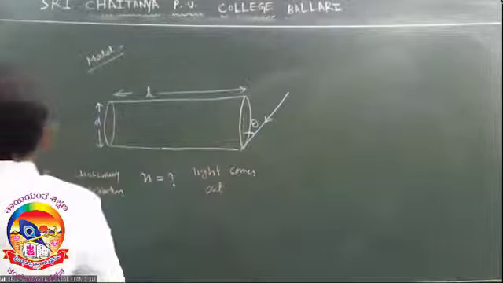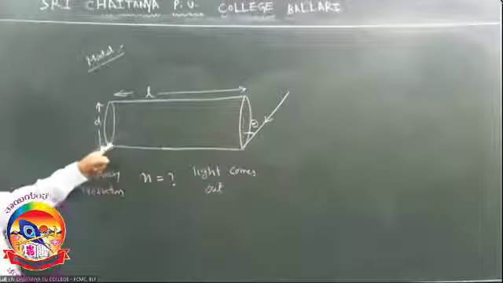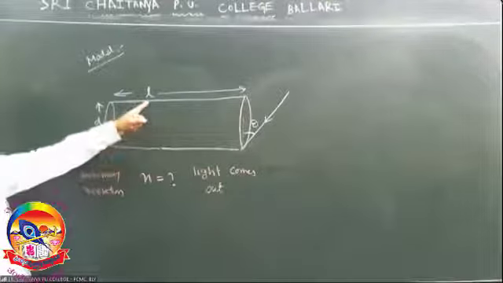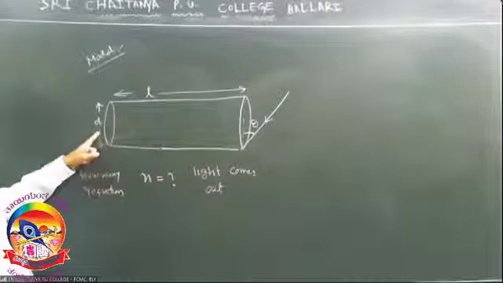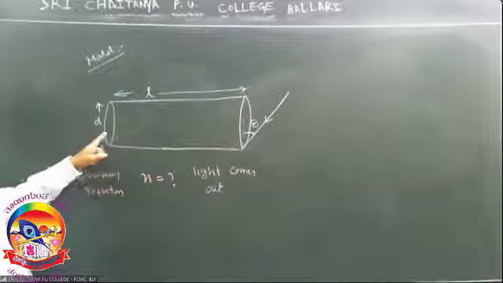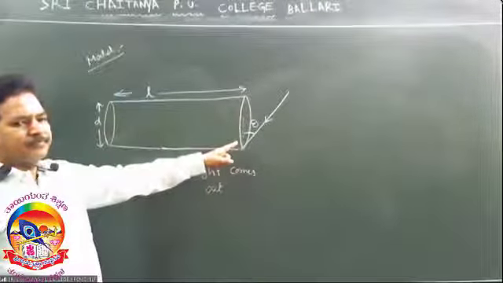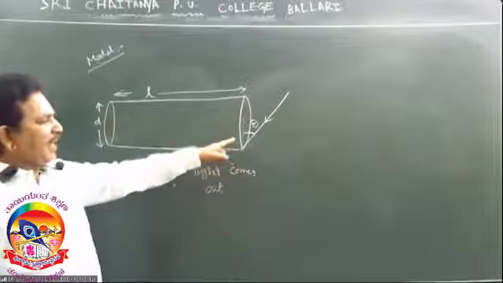This is a hollow pipe, a hollow cylinder, whatever we discussed. L is the length, D is the diameter. At one end, the light is allowed to fall, making an angle theta.